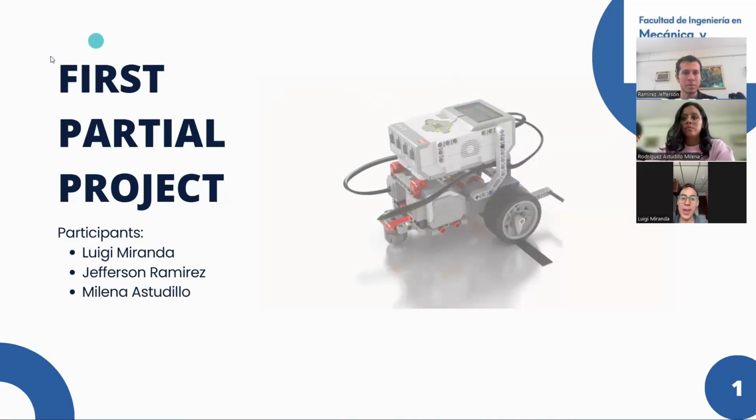Today we're going to discuss our first partial project. First we need to understand the objectives that we set before. The first one was to understand the concept of odometry and the kinematics of a differential robot. Then we implemented and completed odometry of the differential robot using MATLAB and Lego.